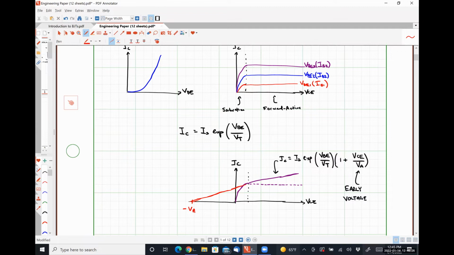How do you think the early effect is going to show up in our large signal model? Well, our equation for IC changed. That's it. Literally it. We just used the new equation for IC. Okay. All right. So any questions regarding the early effect?